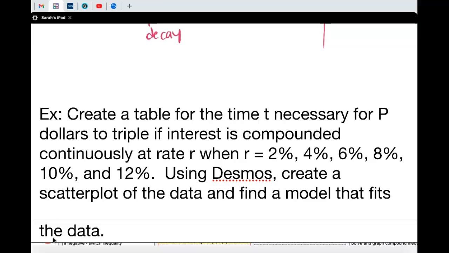When r is 2%, 4%, 6%, 8%, 10%, 12%. Using Desmos create a scatter plot of the data and find a model that fits the data. So we're going to use PERT.